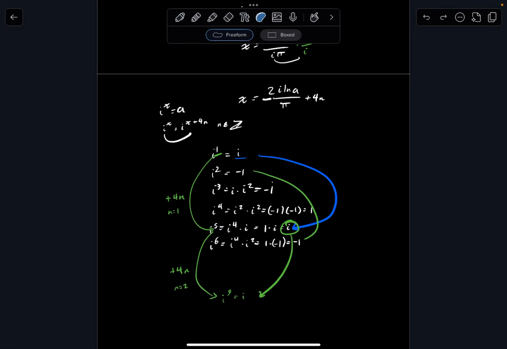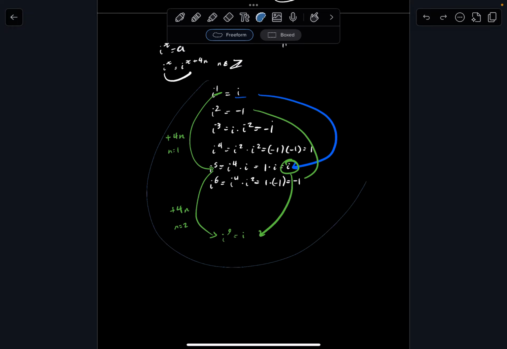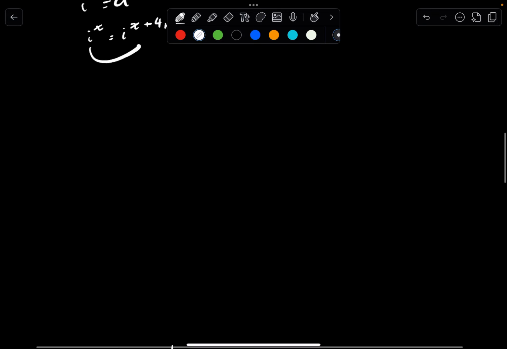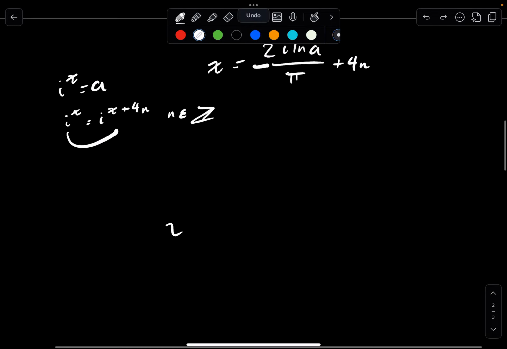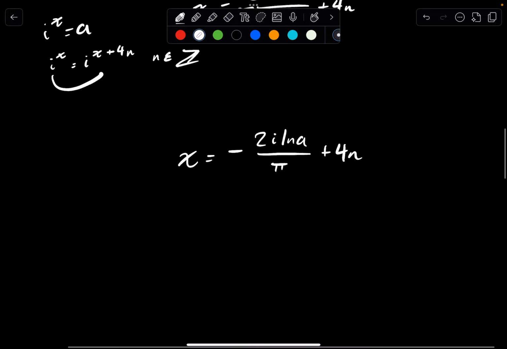But yeah, if this helps, that means, ladies and gentlemen, our answer is x equals -2I ln a over pi plus 4n. And substituting a value for a will give us a solution to the equation I to the x equals a.